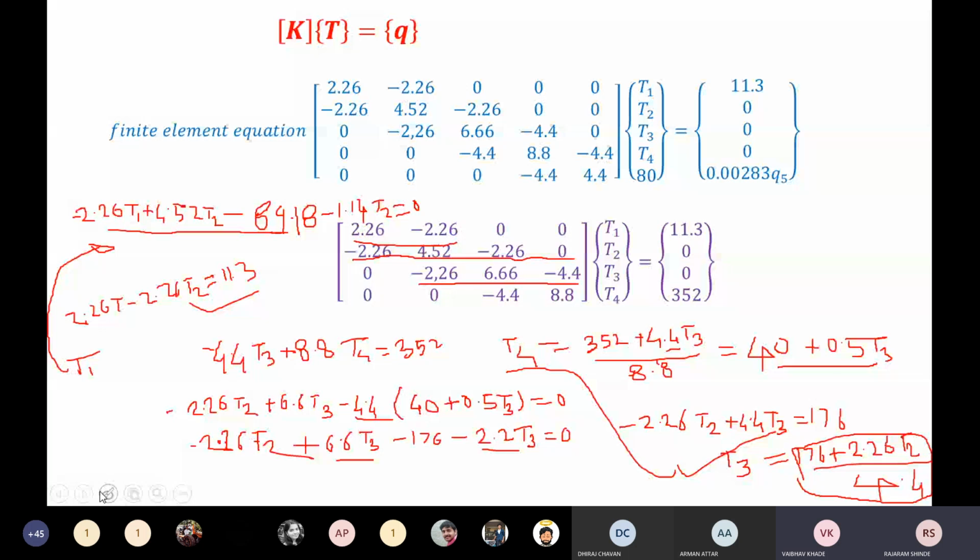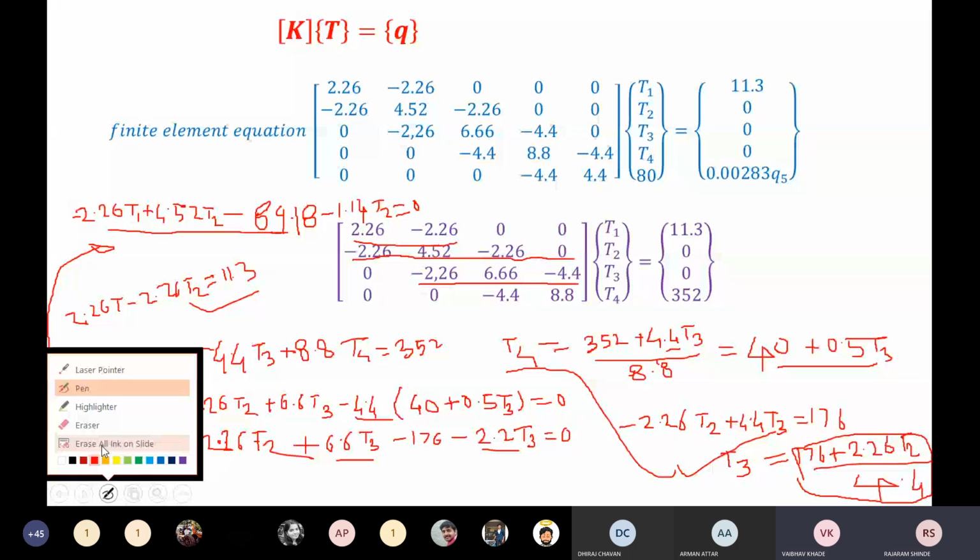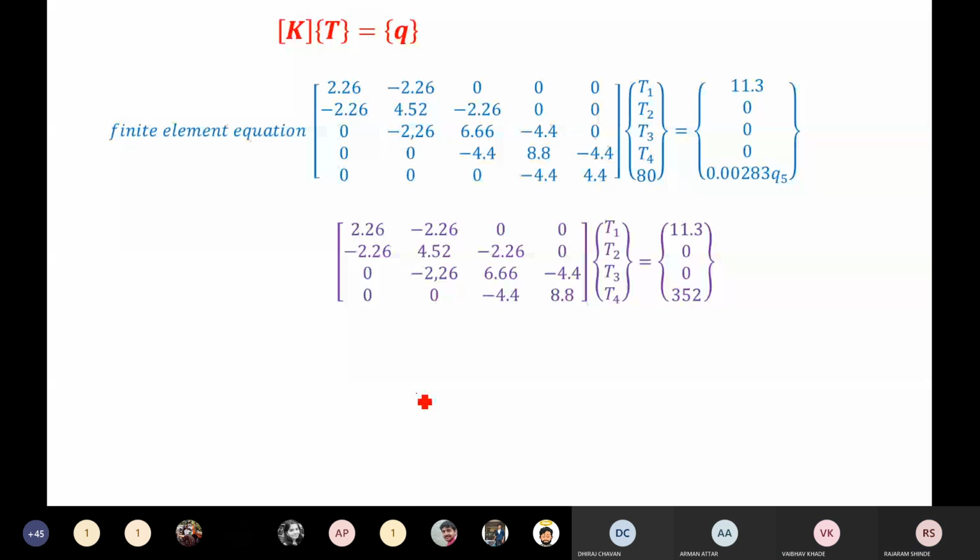So T1 93.31. Yes, I will show you solution. T1 is 95.15, T2 is 90.14, T3 is 85.14, and T4 is 82.57. This is the result, or this is the temperature distribution in your model.